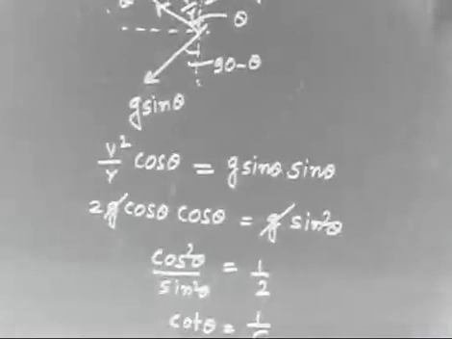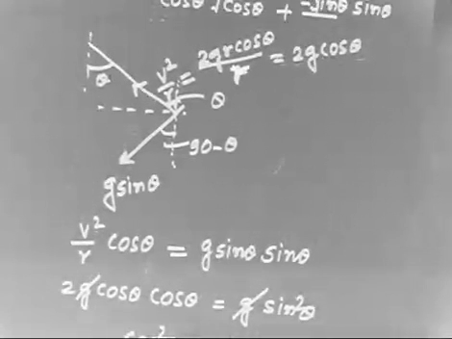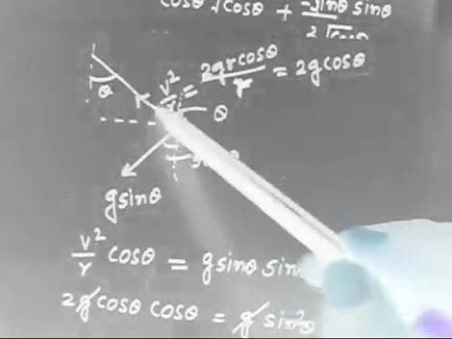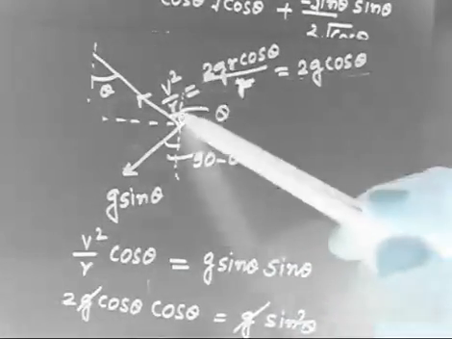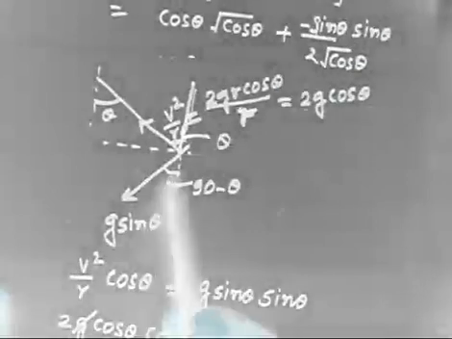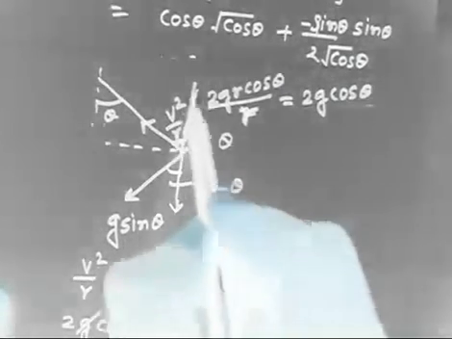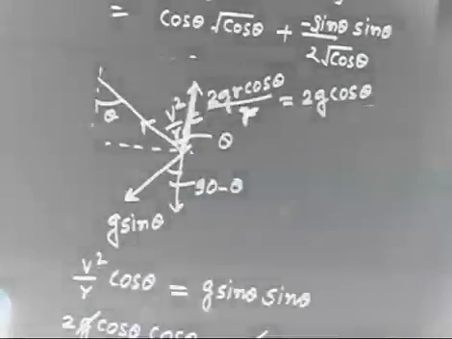Okay, so I think we have copied this one. The last part I have gone slightly fast. You see, this acceleration v square by r will have a component in the vertical direction. And this acceleration g sin theta will also have a component in this direction. Now these two components must add up to 0 because the question says there is no vertical component.